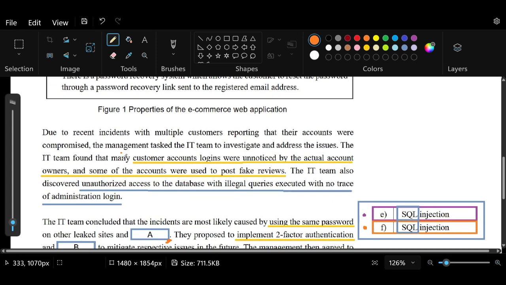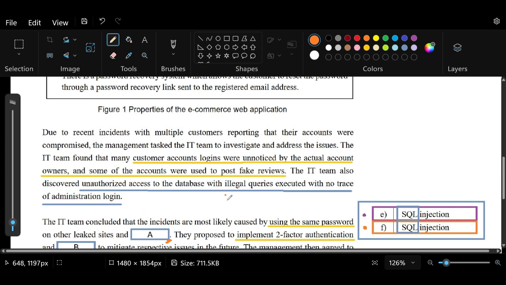this part in particular where we got, due to recent incidents with multiple customers reporting that their accounts were compromised, the management tasked the IT team to investigate and address the issues. The IT team found that many customer account logins were unnoticed by the actual account owners, and some of the accounts were used to post fake reviews. The IT team also discovered unauthorized access to the database with illegal queries executed with no trace of administration login.